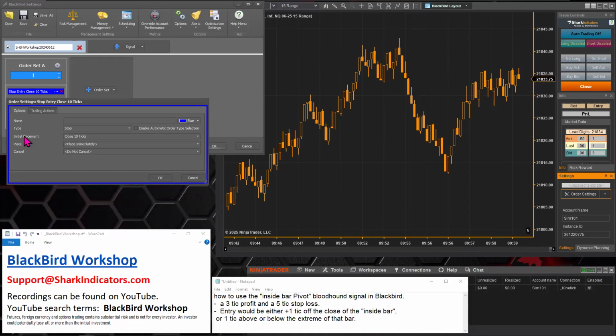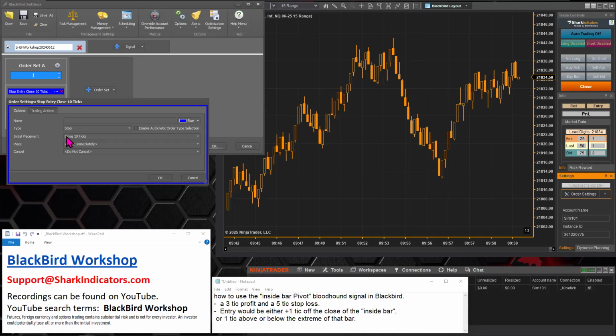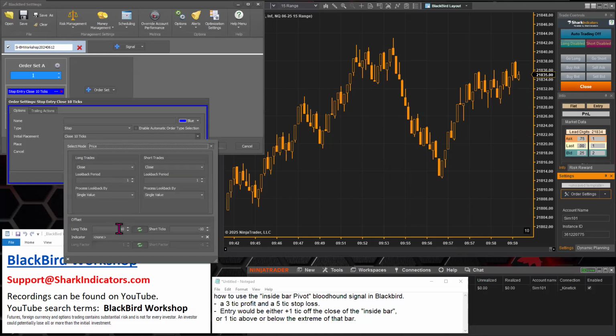Next step, we'll go into the initial placement. We can see it's already defaulted to the closing price, but we want one tick above the closing price, not 10 ticks. So we'll just knock this down to 1, like so.